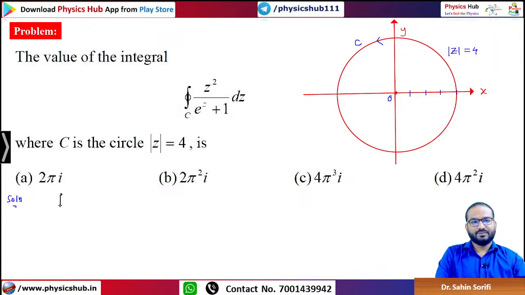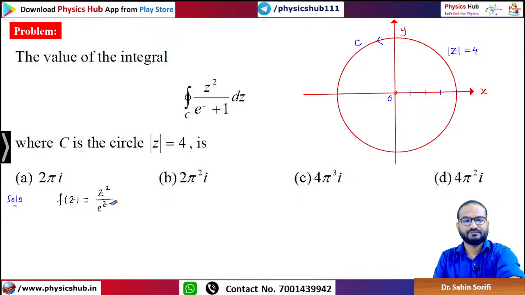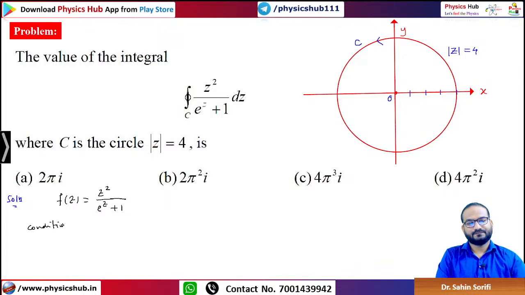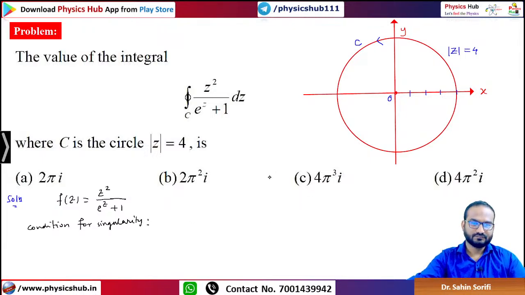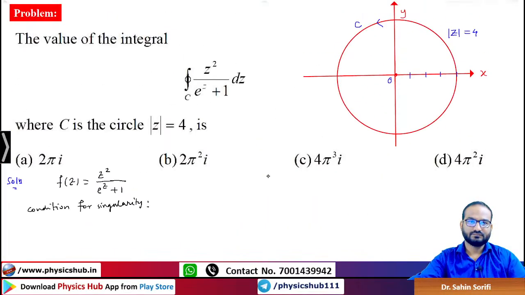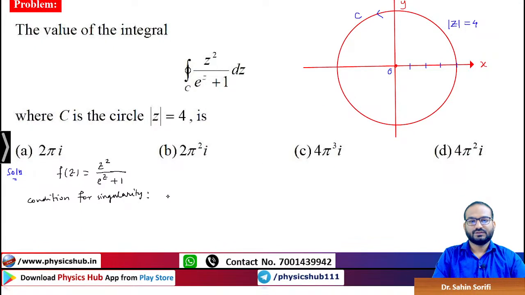Z square by e to the power z plus 1. So what will be the condition for singularity? E to the power z plus 1 equals 0, so e to the power z equals minus 1.